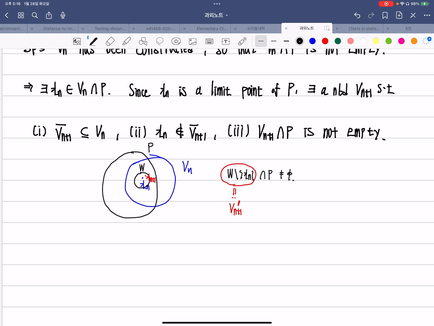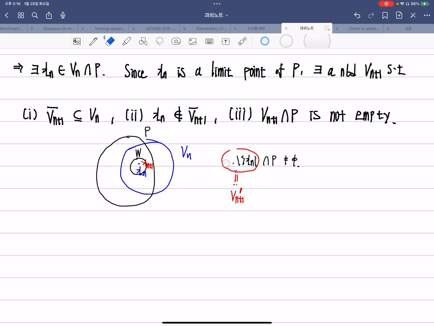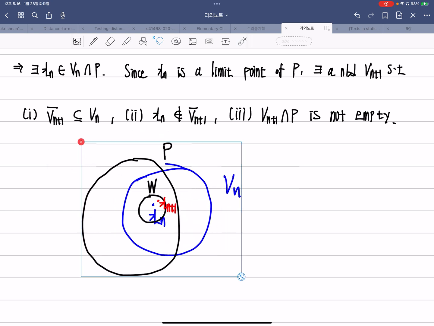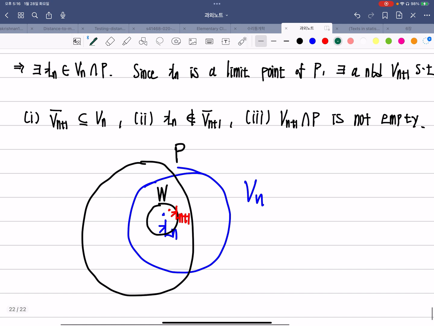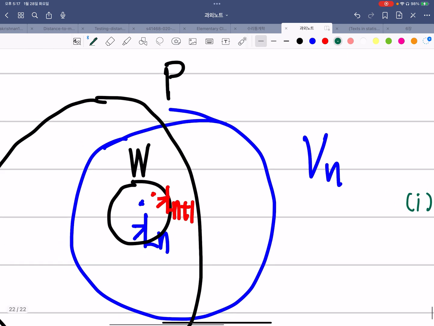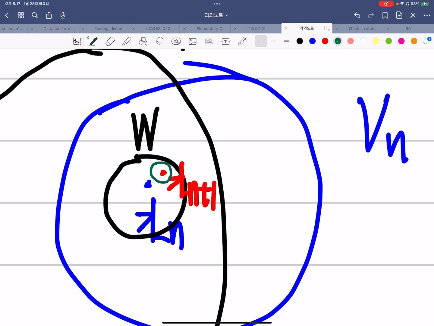This W is selected so that the closure of W is contained in Vn, and conditions 1 and 2 hold.